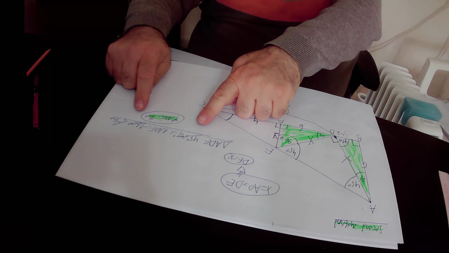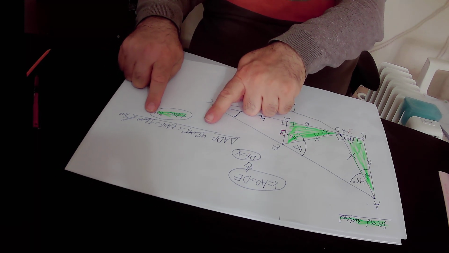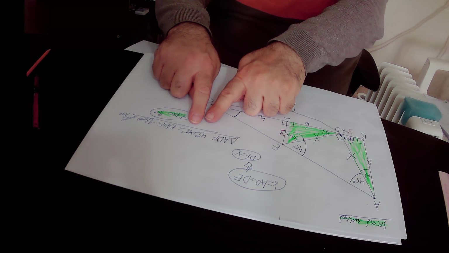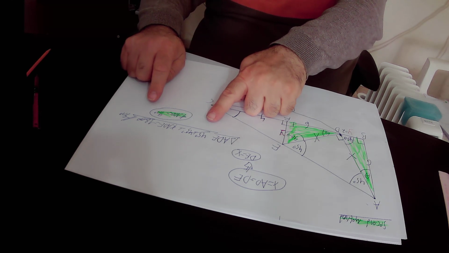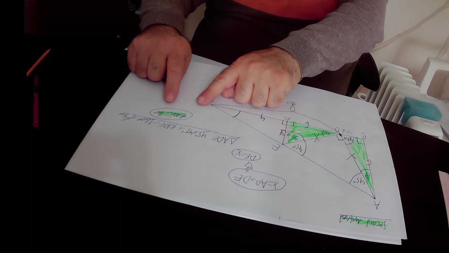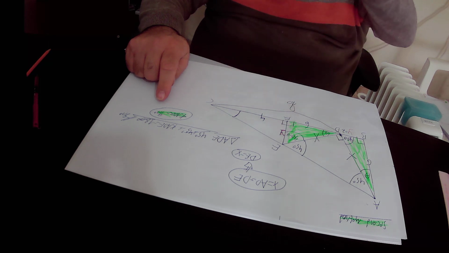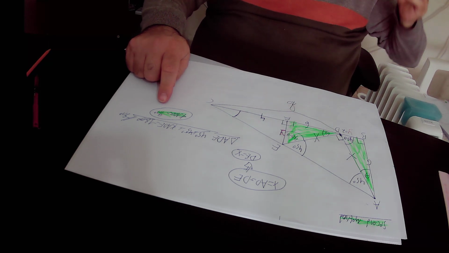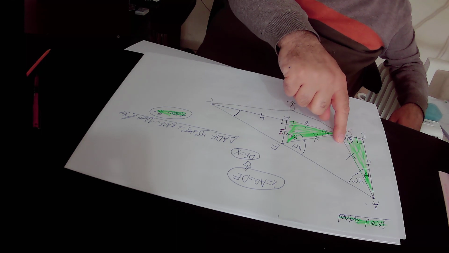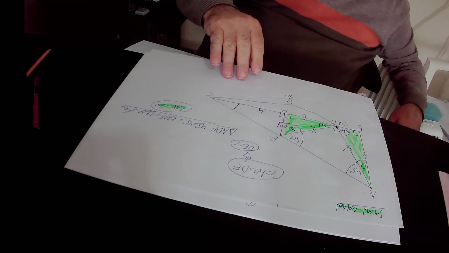So we have 45 degrees plus 45 degrees, that is 90 degrees. We subtracted 90 degrees from this equation and we got that the missing angle ADE equals 180 degrees minus 90 degrees, it is 90 degrees. So we found out that triangle ADE is a right triangle, because this angle ADE equals 90 degrees. Okay?